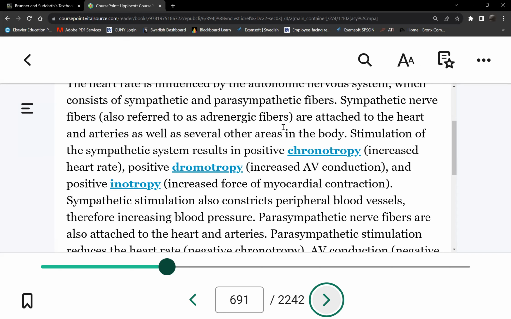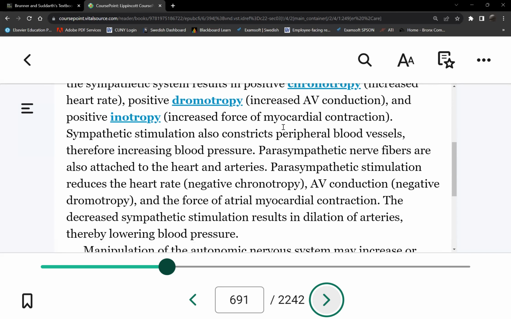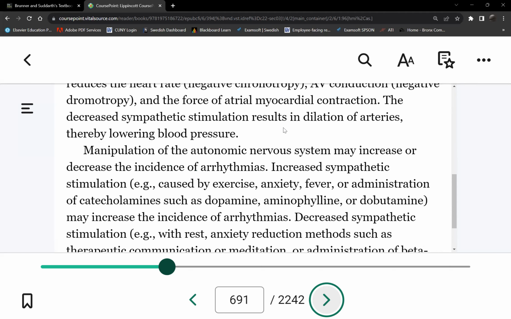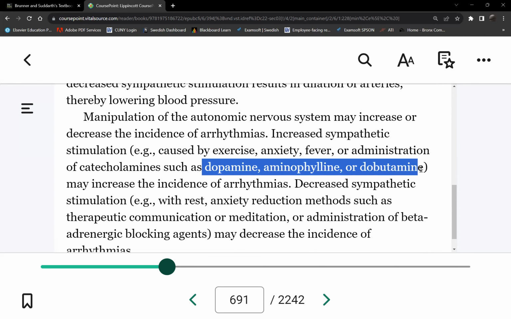For instance, if you drink a lot of coffee, you smoke, or these emotions mentioned here like exercise, anxiety, fever, these are all sympathetic stimulation, correct? Whereas some medications will also do the same. Catecholamine medications will have sympathetic effects, or they're also called sympathomimetic agents.